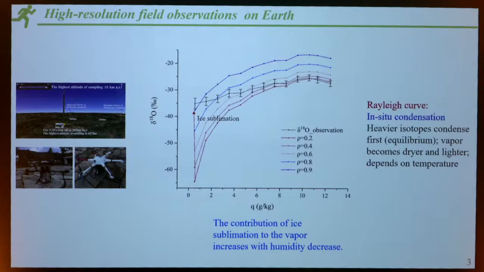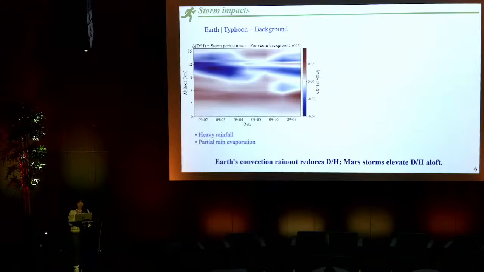Besides, partial rain evaporation further decreases it. Ice crystals are solid, so the isotopes cannot exchange very fast, so it will directly sublimate. So the heavy isotope sublimates directly, then it will enrich the surrounding vapor.